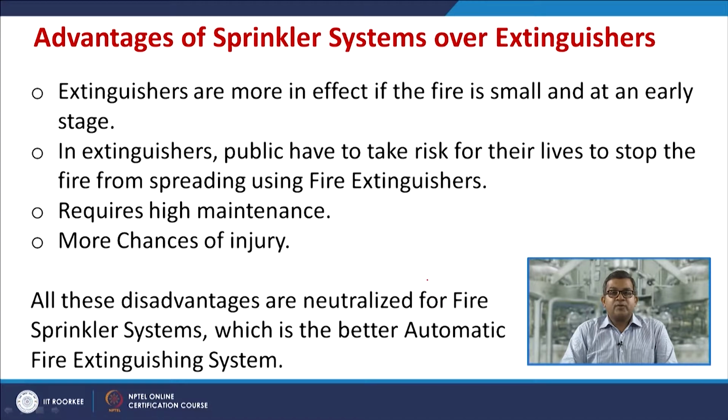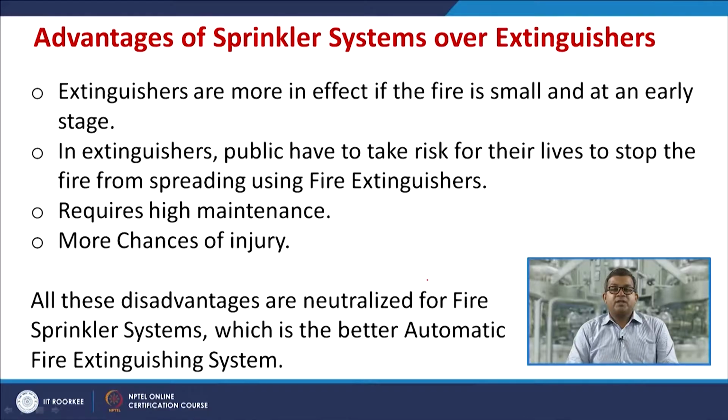These extinguishers require high maintenance and sometimes you need to refill them frequently. There may be chances of injury while using them, or when they are redundant. All these disadvantages are neutralized for the fire sprinkler system, which is a better automatic fire extinguishing methodology.